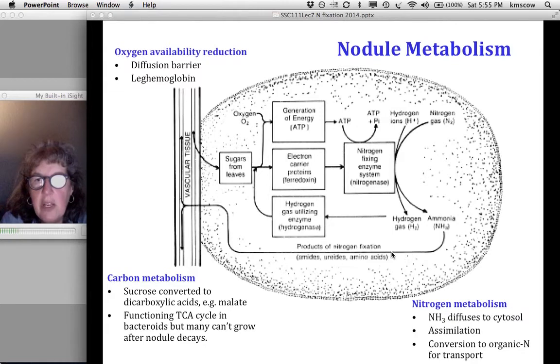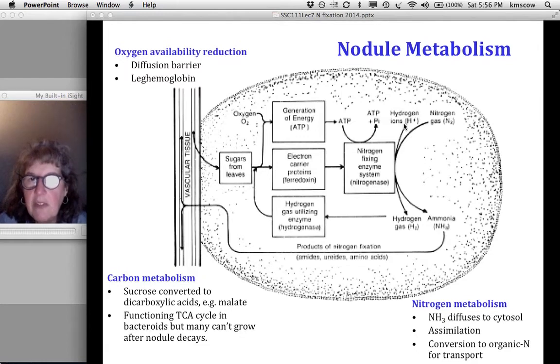And then that ammonia is going to be converted at some point into amino acids or maybe also amides, and then go back into the plant vascular system and be translocated to where it's needed in the plant.